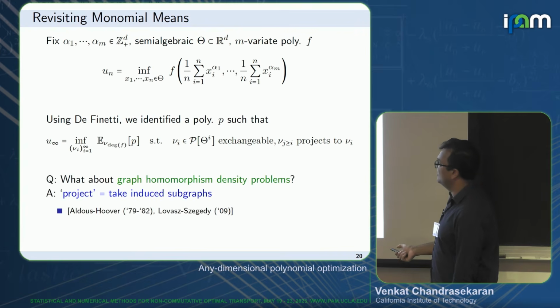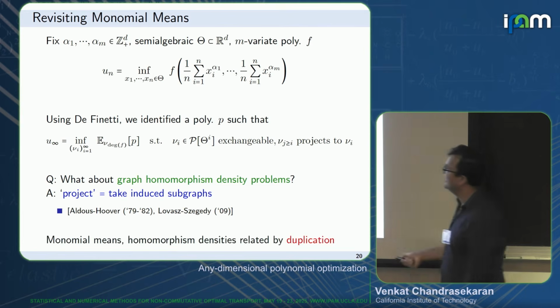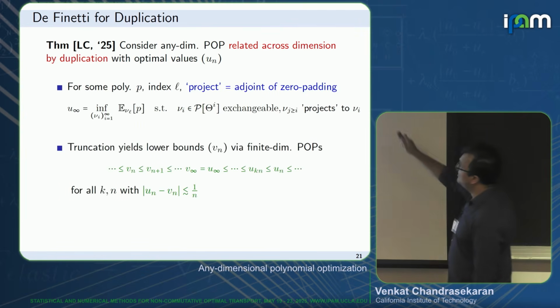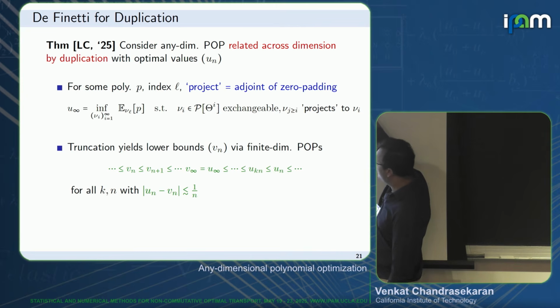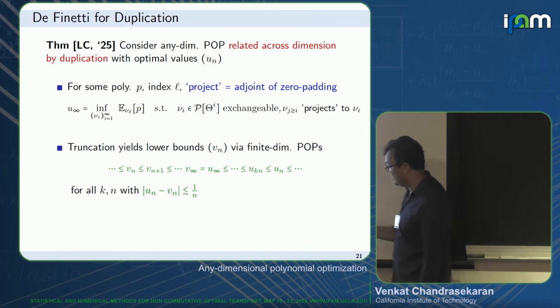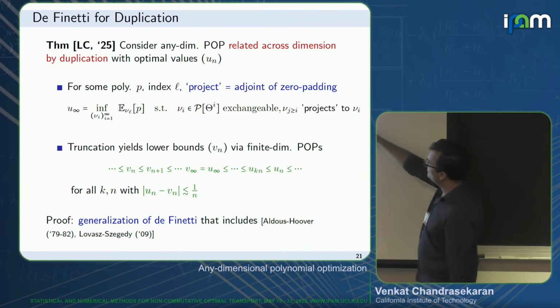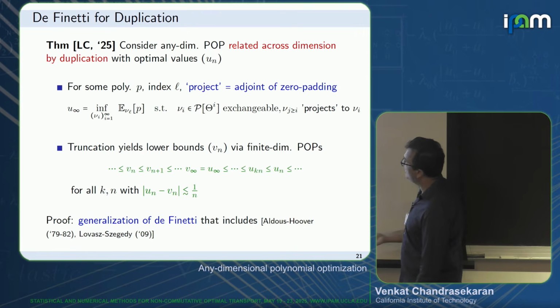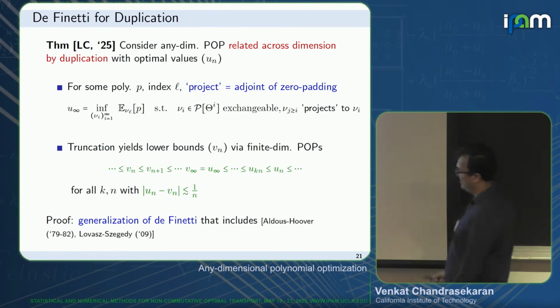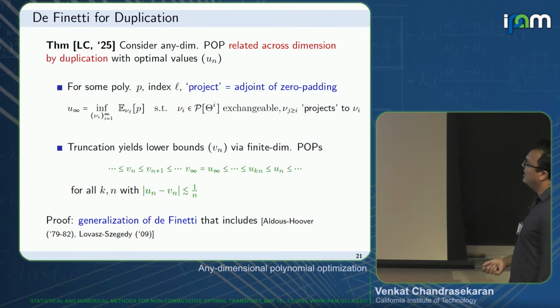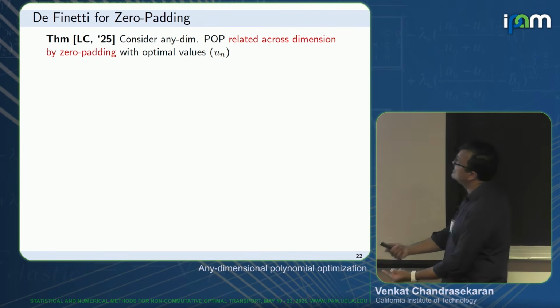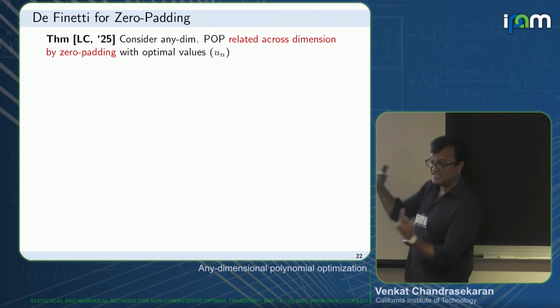Okay, good. So we had this, and then we had, for problems related across dimension by duplication, the adjoint of zero padding provides the right notion of projection, and we have this. Let's consider problems related across dimension by zero padding.